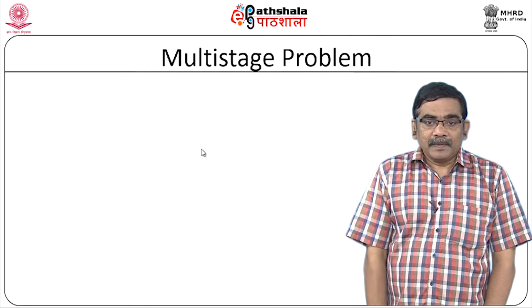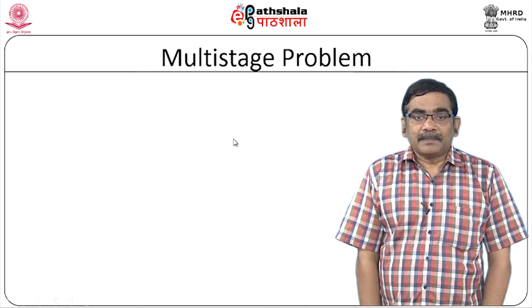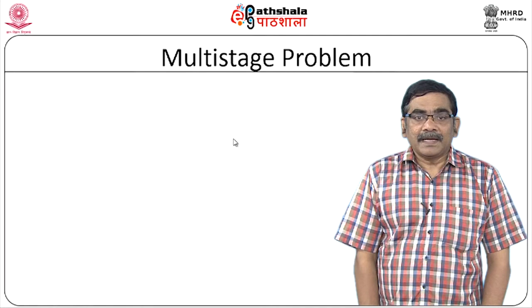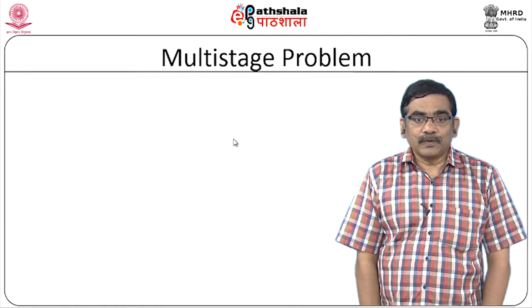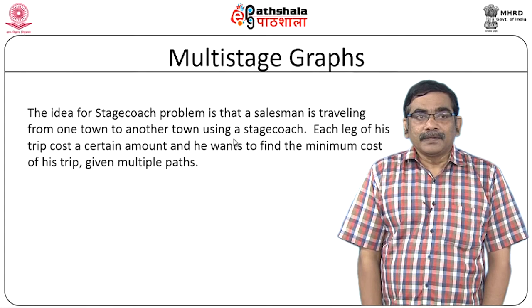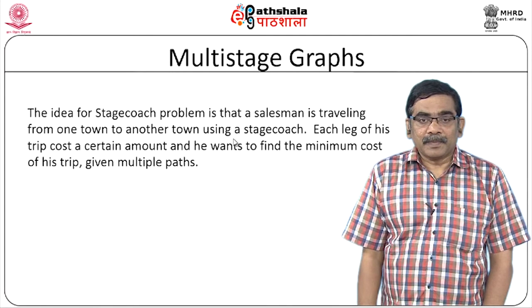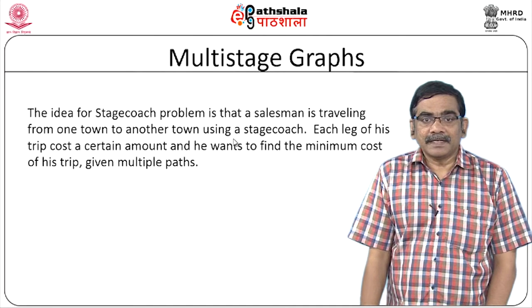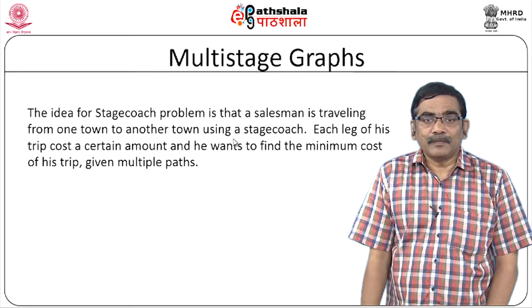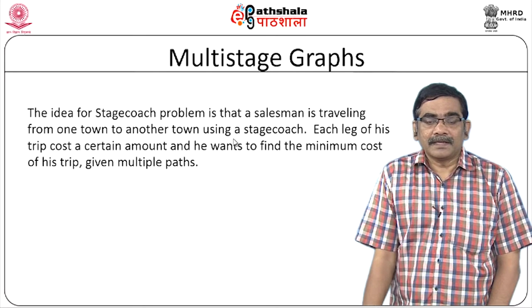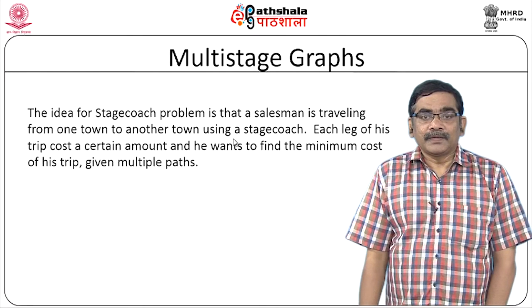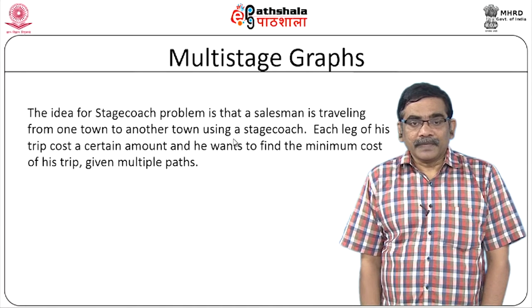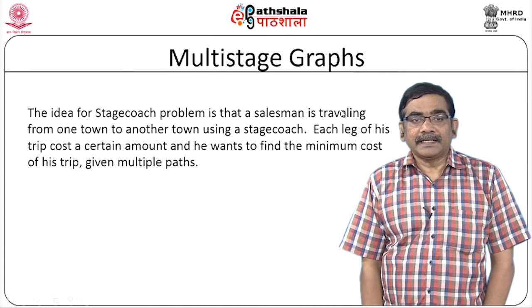The related problem is called the multi-stage problem, also called the stagecoach problem. This is a very popular problem in computer science. The idea of the stagecoach problem is that a salesman is traveling from one town to another town using a stagecoach, and he has to reach the destination.